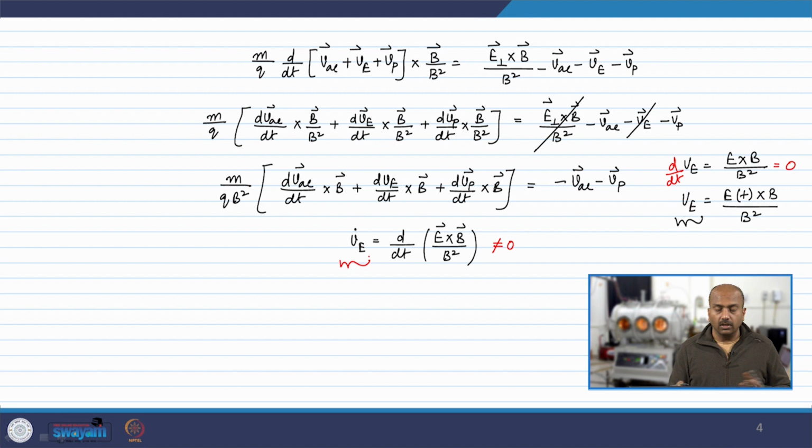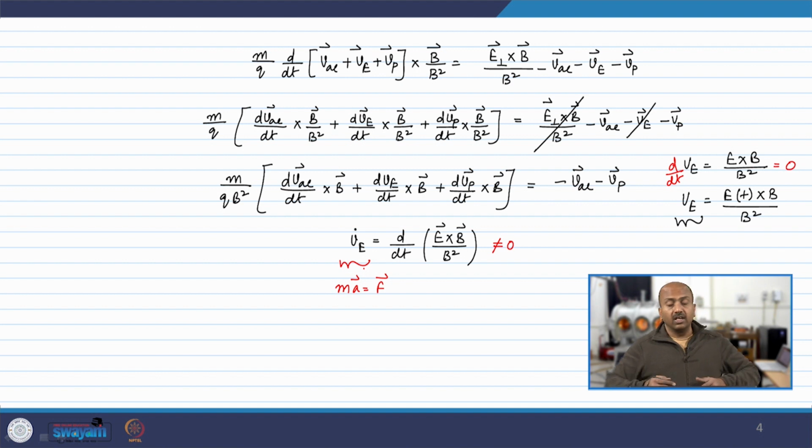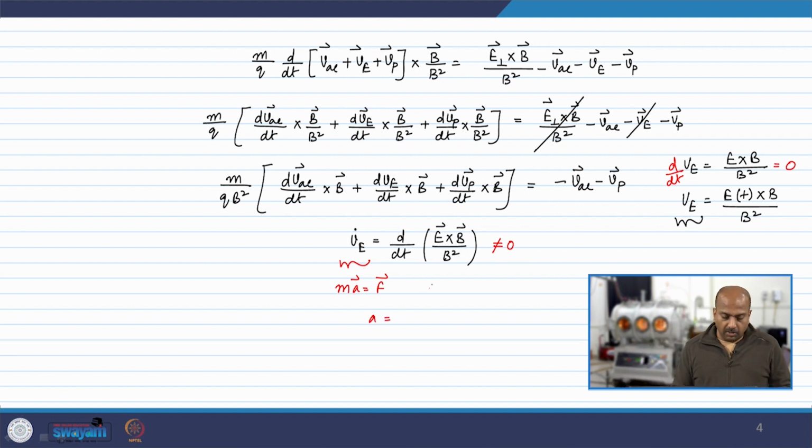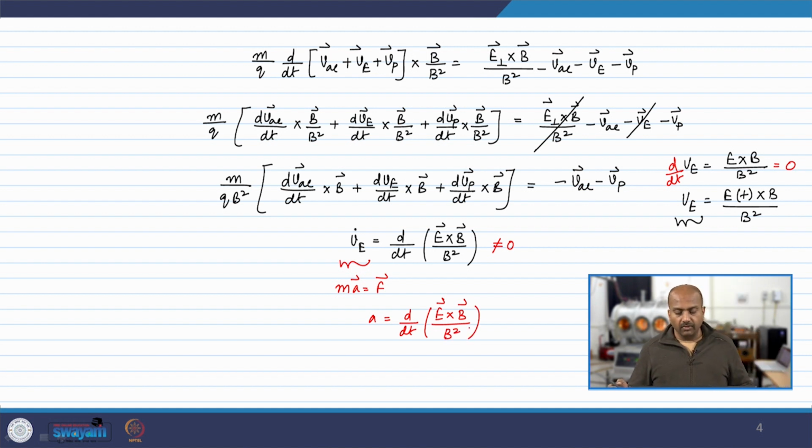So, what is V_E dot? V_E dot is acceleration, and if you multiply with m, you will get the force that is there because of this V_E dot. How do you write the acceleration? The acceleration a can be written as d/dt of E cross B by B square, the rate of change of velocity.